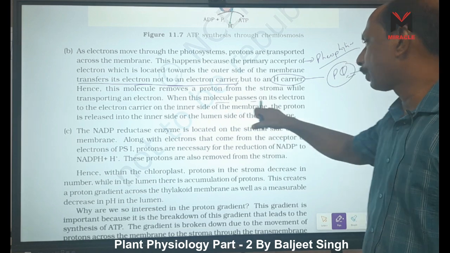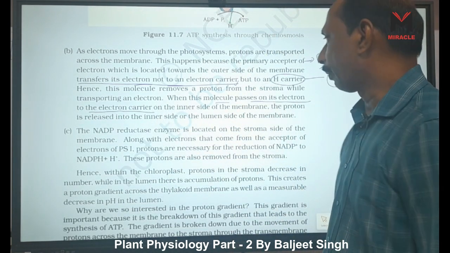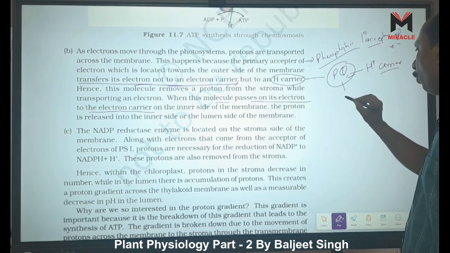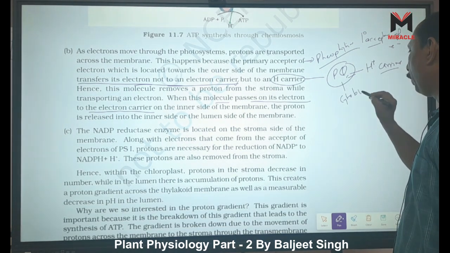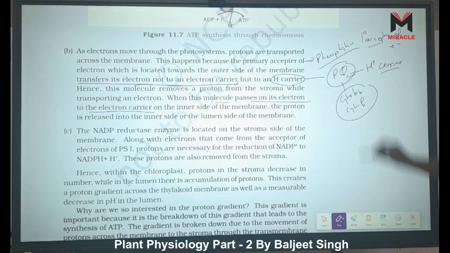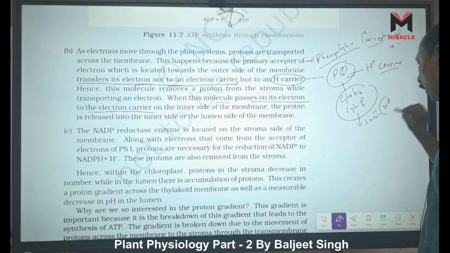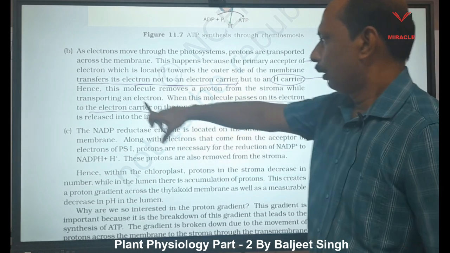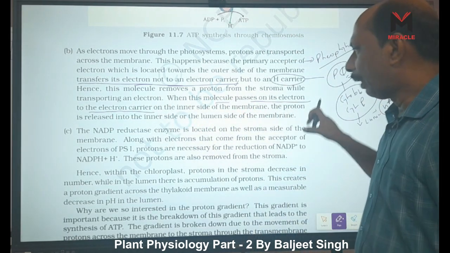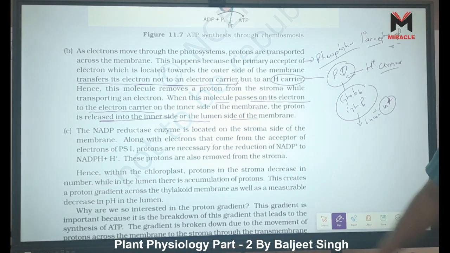When this molecule passes its electron to the next electron carrier, from PQ to the cytochrome b6f complex, the hydrogen is transported to the lumen. The electron carrier is on the inner side of the membrane, so the proton is released into the lumen side of the membrane, inside the lumen.